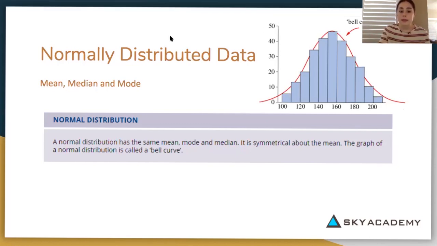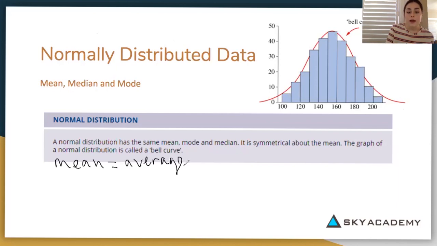So hopefully you've heard these terms before, but the mean is just the average. It's where you add up all the scores and then you divide by the number of scores and you'll get the mean. The median is the middle score or value.